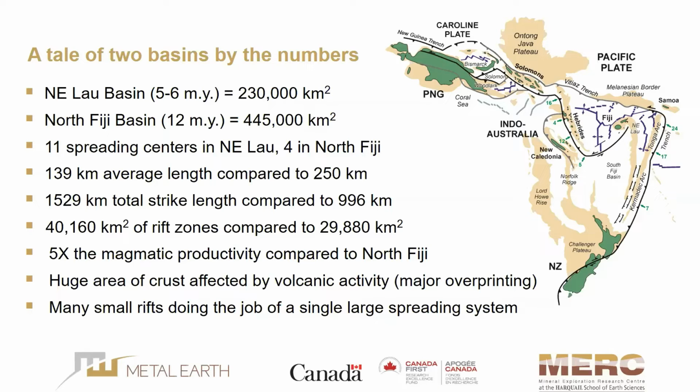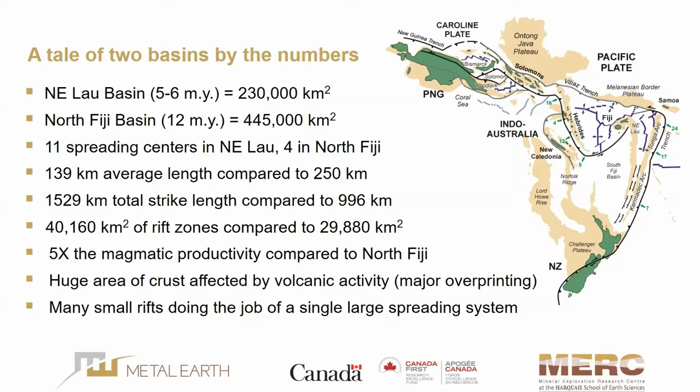The first thing you notice in the numbers here is that the Northeast Lao Basin is about half the size of the North Fiji Basin over here, but it contains about 11 different spreading centers compared to only 4 in the North Fiji Basin. The average length of those spreading centers in the Lao Basin is only about 139 kilometers, whereas the few spreading centers in the North Fiji Basin are much longer and opening much faster.